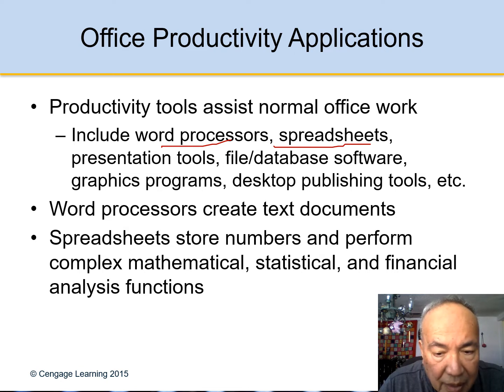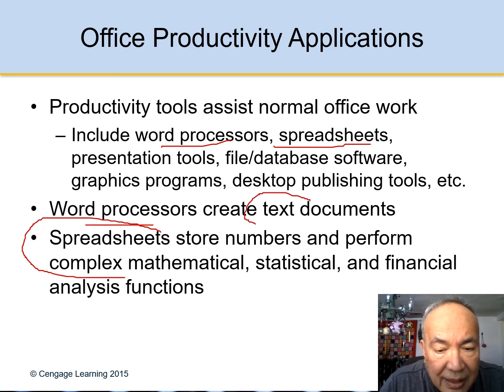Word processors create text documents, and spreadsheets like Excel. Now, this is very hard. What is Excel? Excel is a spreadsheet program, and Word is a word processor program that will help you make your letters, memos, and reports.